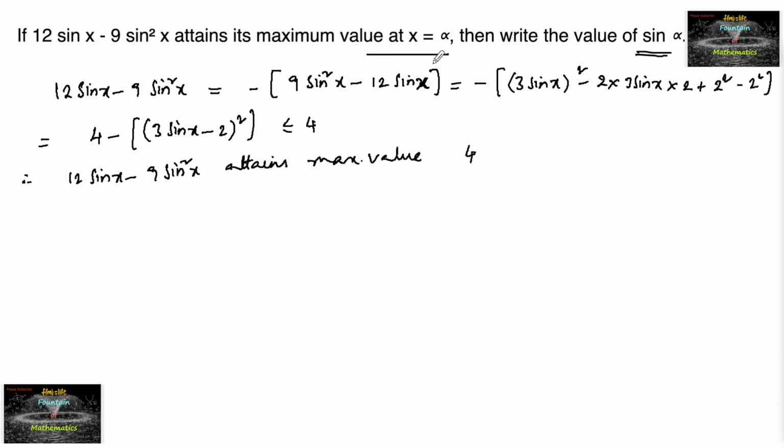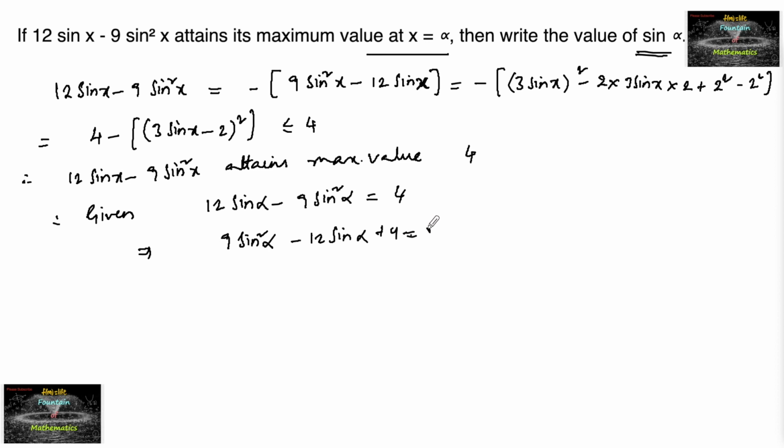So, it is given at x is equal to alpha. Therefore, 12 sin alpha minus 9 times sin square alpha is equal to 4, or we can write 9 times sin square alpha minus 12 sin alpha plus 4 equals 0, which is in the form of (3 sin alpha minus 2) whole square is equal to 0.